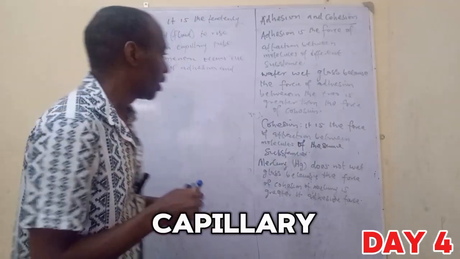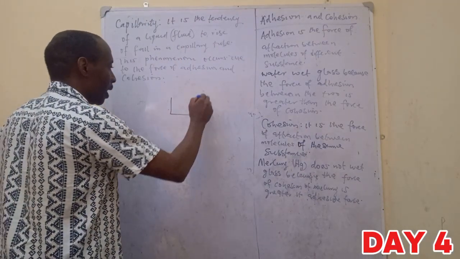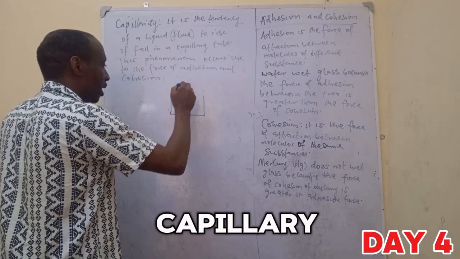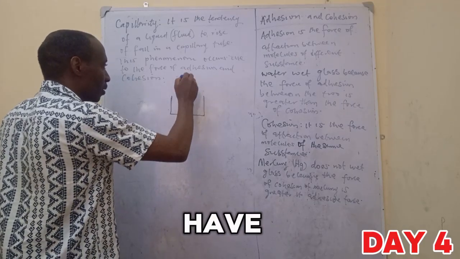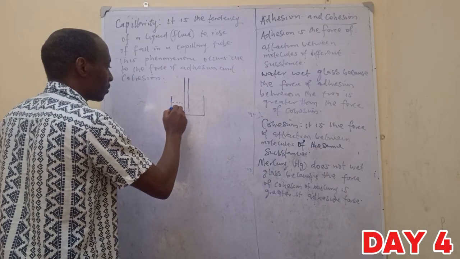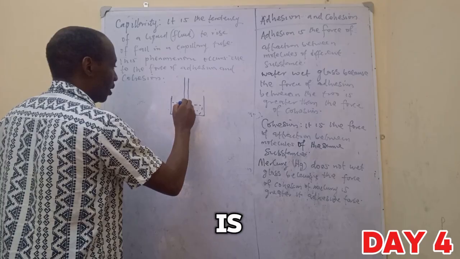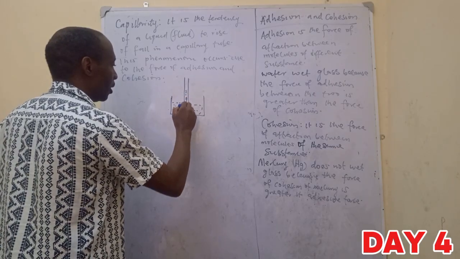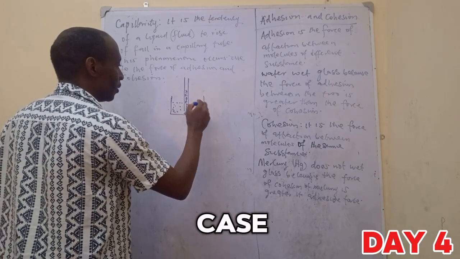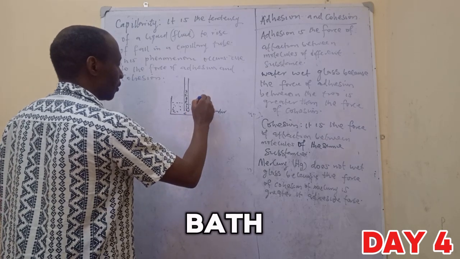So if you have a capillary tube like this, let's say this is a beaker, or a water bath, and you have a capillary tube here. You see what we have? This is water. This is a water bath.